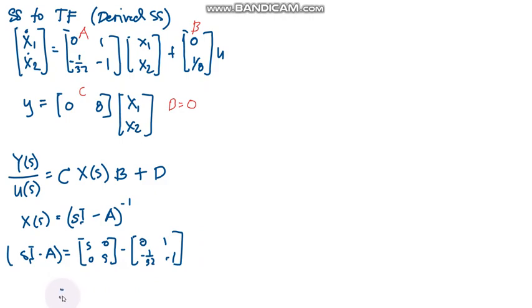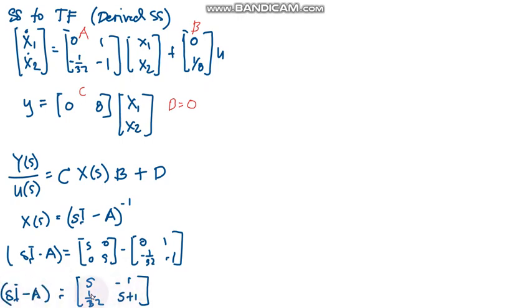That will give us s minus 0 to be s, and then 0 minus 1 to be negative 1, and then 0 minus negative 1 over 32, so that would be positive 1 over 32, and then s minus negative 1, so that will be s plus 1. So this will be our sI minus A matrix.